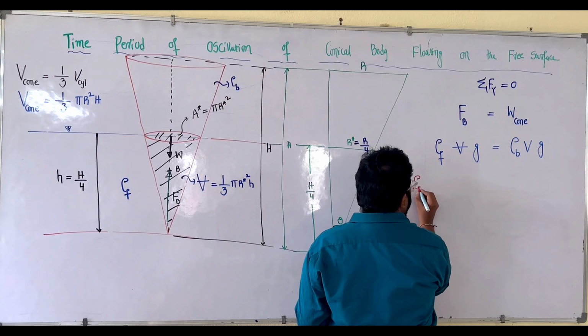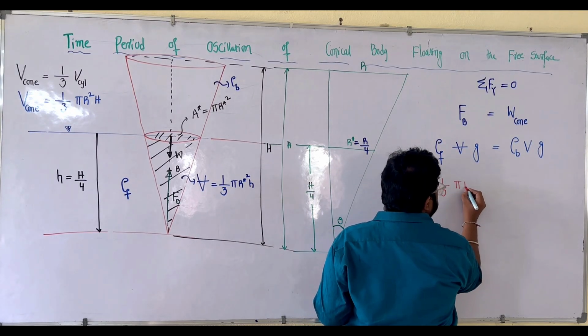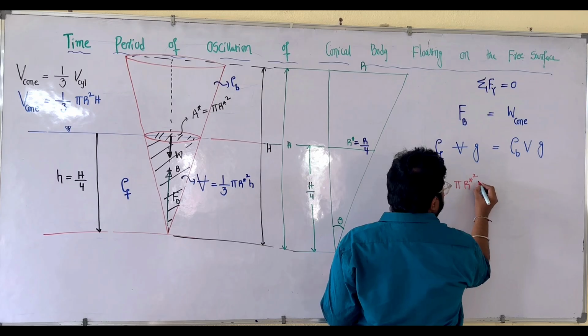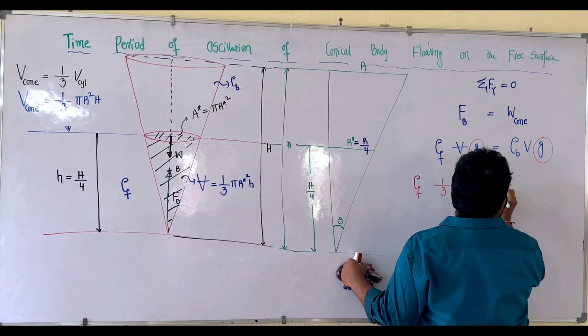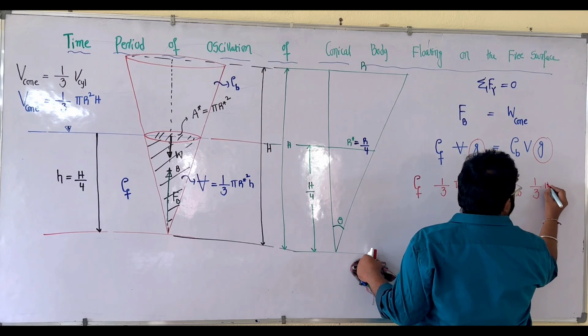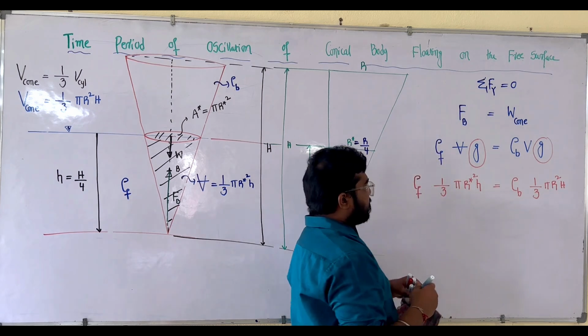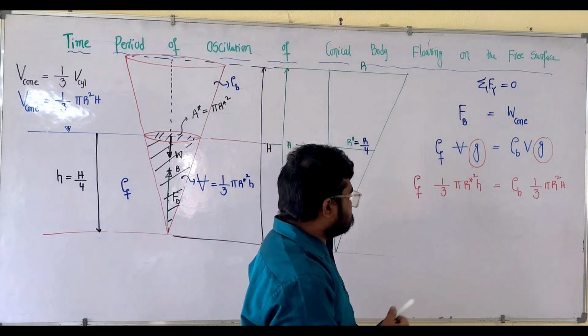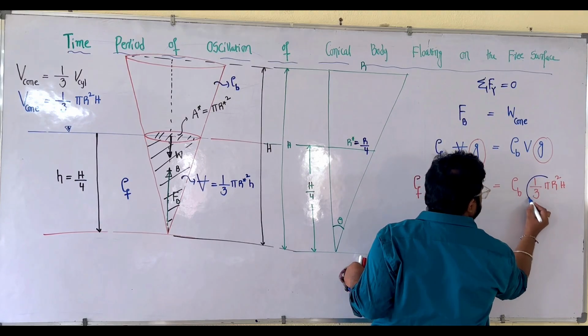Now tell me what is obtained? Density of the fluid times 1/3 of pi R star square into small h. This g gets cancelled out. Density of the body into 1/3 of pi R square capital H. Then 1/3 pi cancelled out.